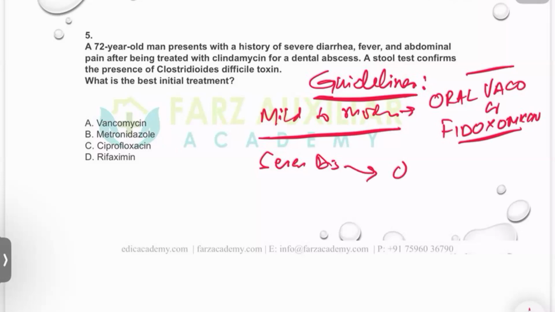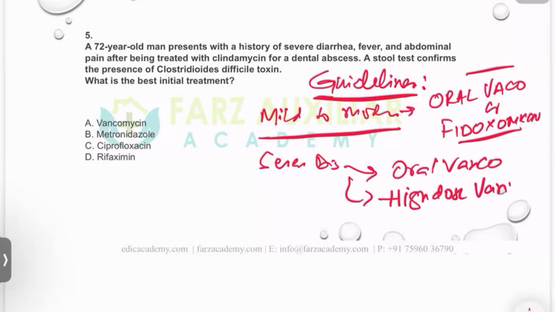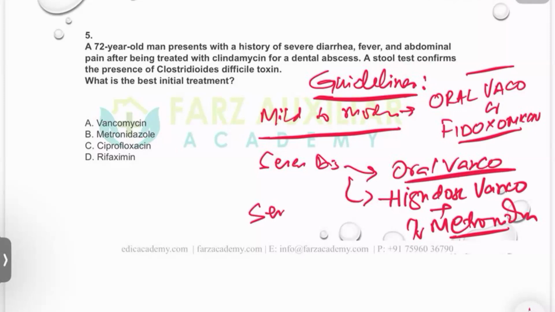Severe disease, again oral vancomycin, or if it is fulminant colitis, then IV high dose metronidazole, because vancomycin will not go into the GIT intravenously, plus vancomycin pulse therapy. That is recommended if the patient has severe colitis and is not holding back, so oral medicine may not work.